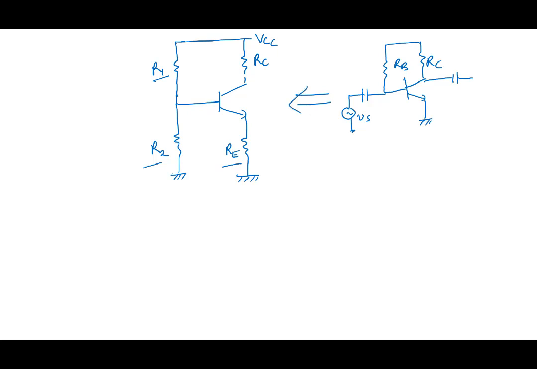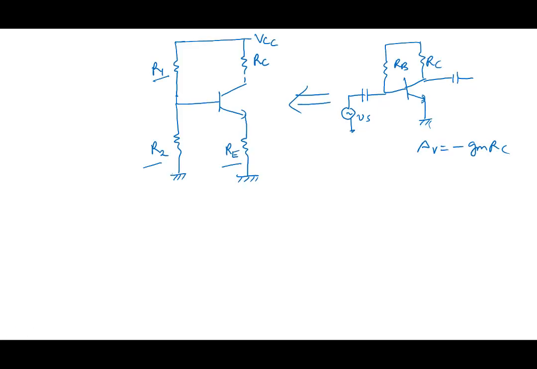Now in this circuit, the gain AV is minus gmRC, with the emitter at ground. So under small signal conditions, to maintain the emitter like ground, we put a bypass capacitor CE here, so that in small signal analysis the capacitor will act like a short. This circuit will then turn out to be like this circuit, with the emitter as ground.